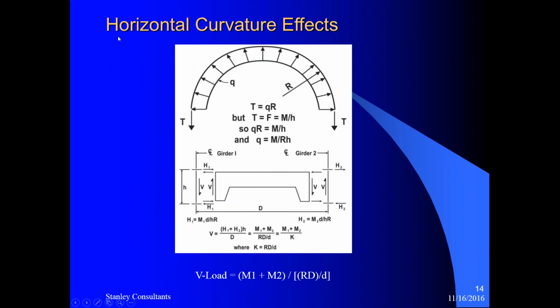So to look into what is happening with the horizontal curvature effects, let's consider a semicircular band section. If we pull this section from both ends with a force T, then there needs to be a reaction on the inside to have equilibrium in the vertical direction here.